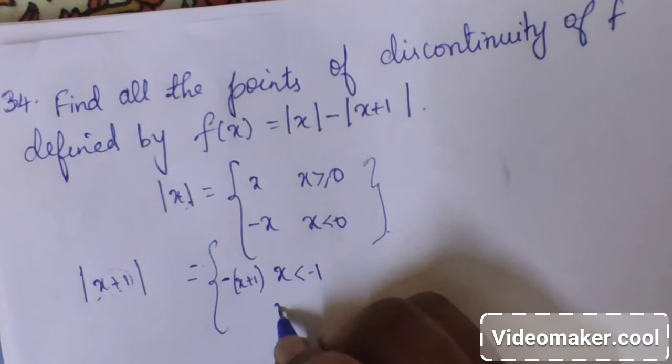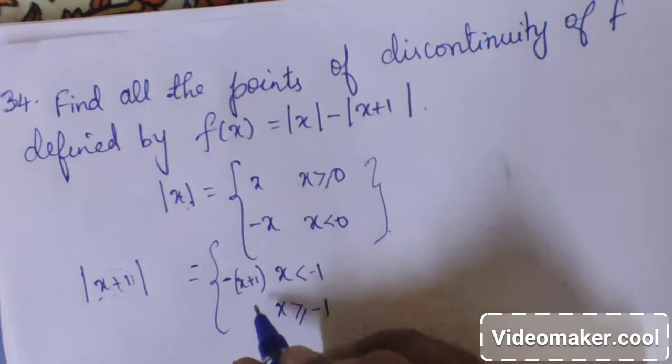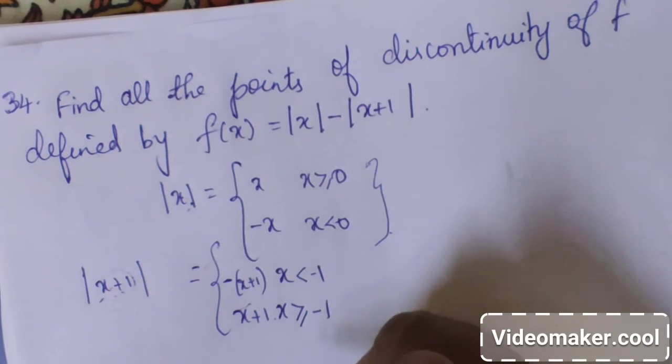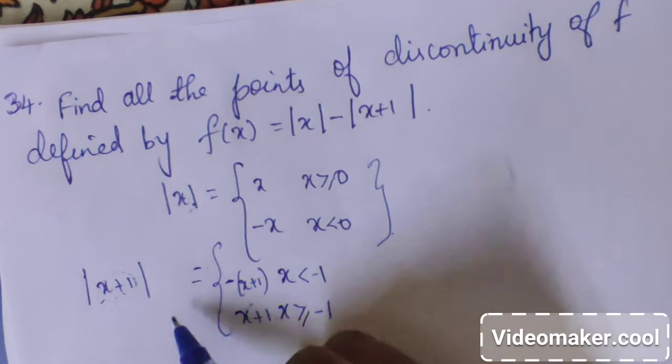And for all x greater than or equal to minus 1, you will write x plus 1 as it is. So this is the way of defining the function mod x plus 1.